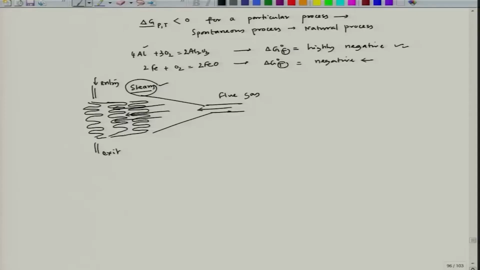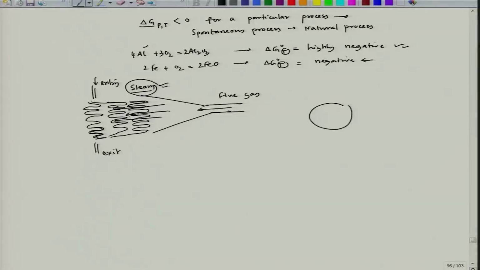Now, these pipes are made of iron, made of steel, or cupronickel. Those pipes can also get oxidized, because when steam is moving through this, the outside surface might not get oxidized to a great extent, but the inside wall might get oxidized to a great extent.